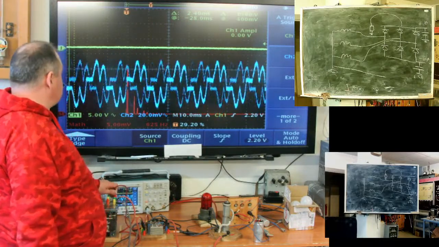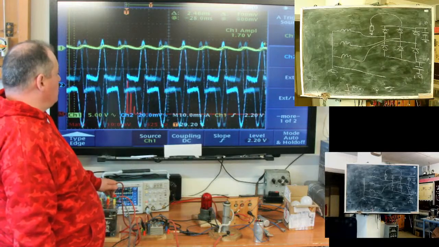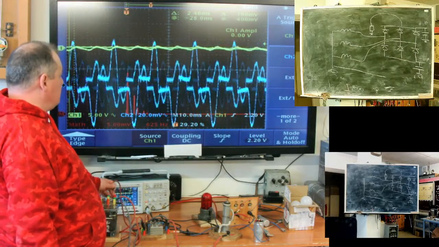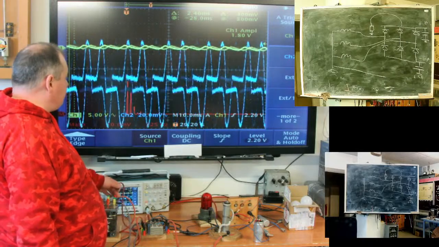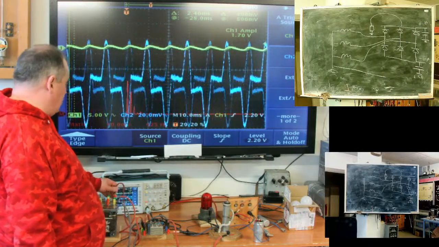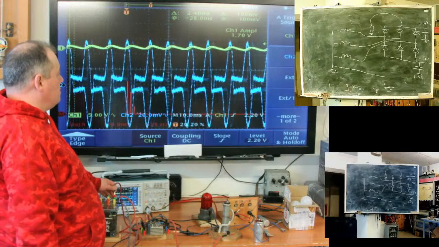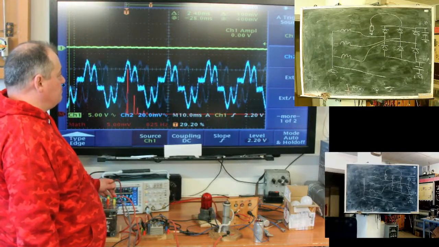And C phase disconnected on the secondary side. See, if I disconnect one phase, the three-phase rectifier becomes a simple bridge.